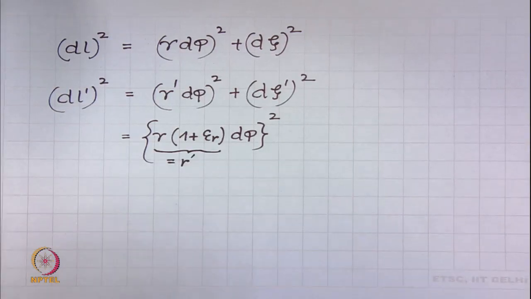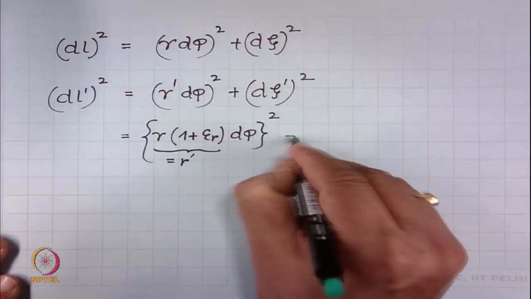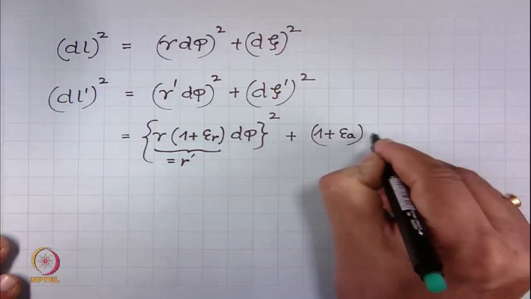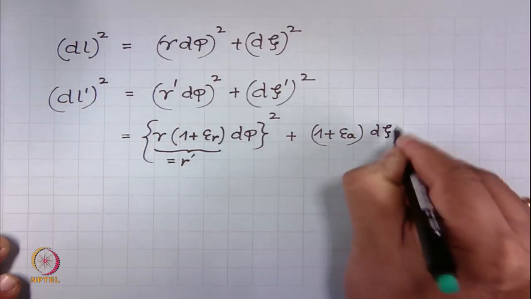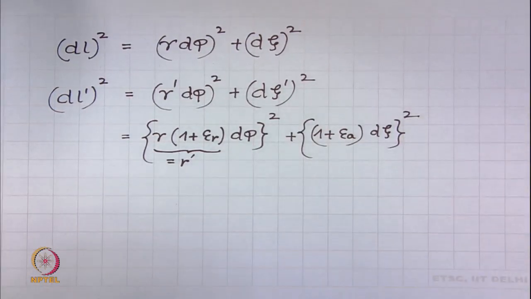And what is your d zeta prime? d zeta prime we have derived as d zeta times 1 plus epsilon a.